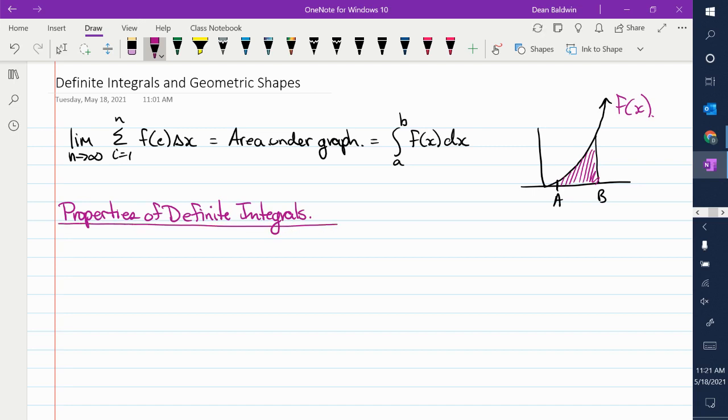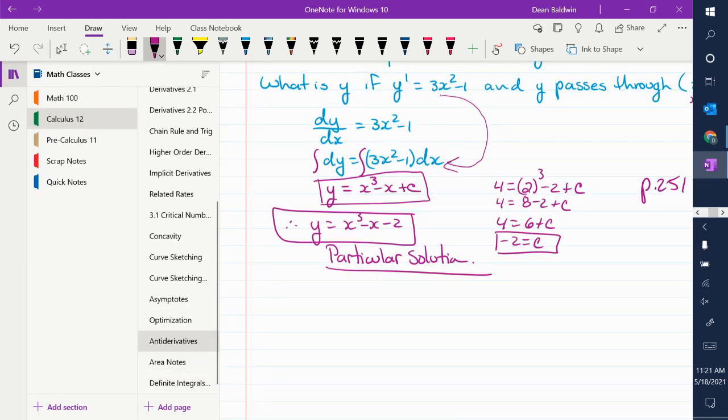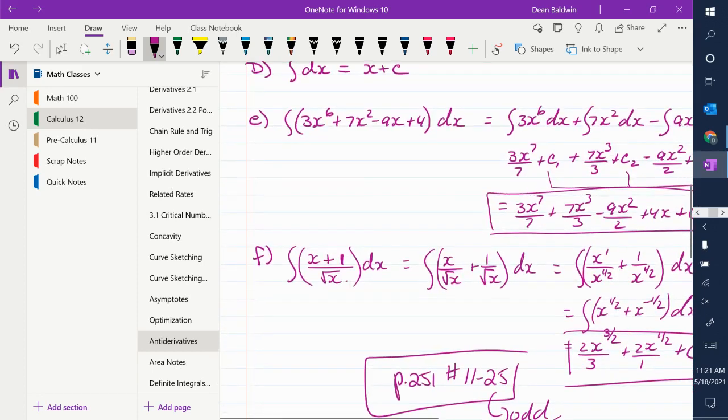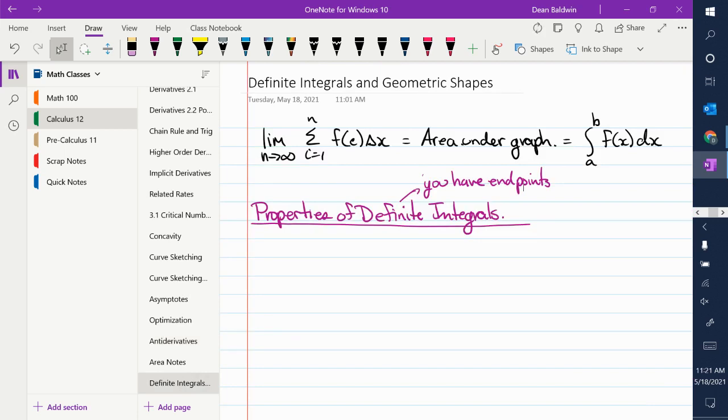And when I say the word definite, it means you have endpoints, A and B. What we were doing before, these are indefinite integrals because they don't have endpoints. Okay, so indefinite has no endpoints. Definite, we have endpoints like this.